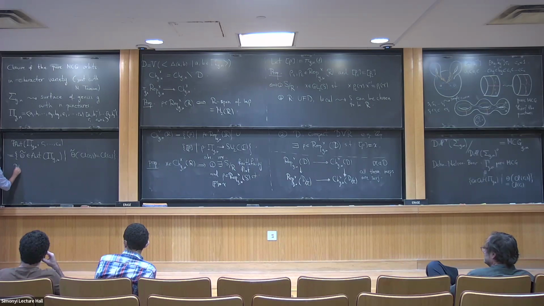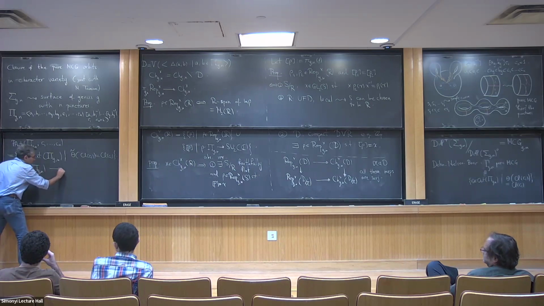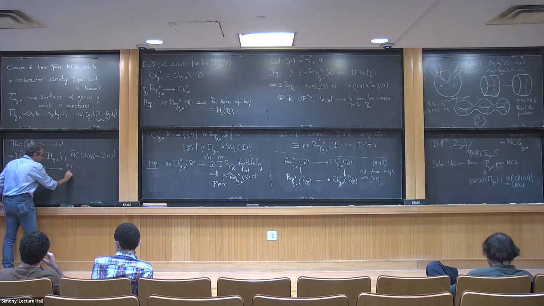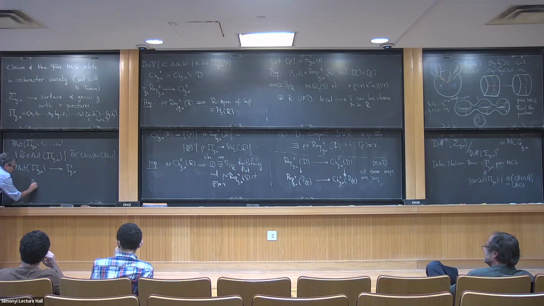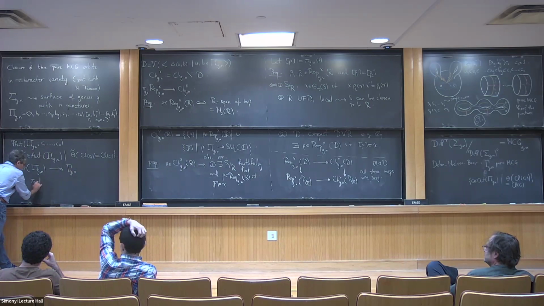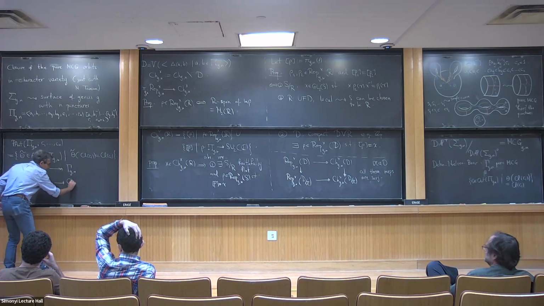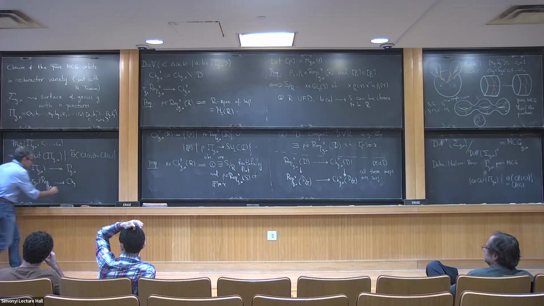But the way that I'm defining it, I have a surjective map from this group to the pure mapping class group, and the pi G comma n from the representation variety, the character variety, is equivariant under this action.